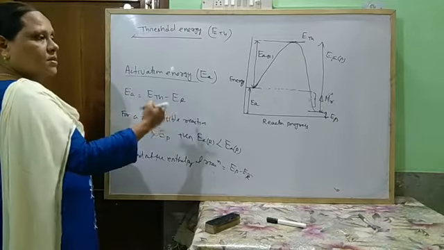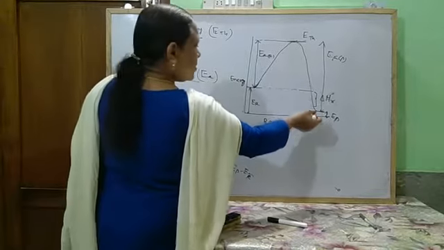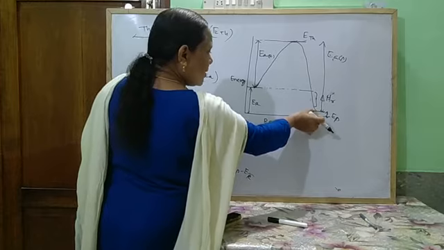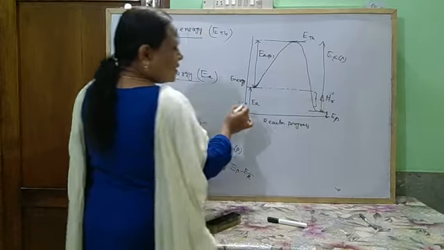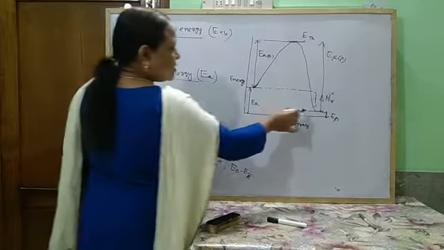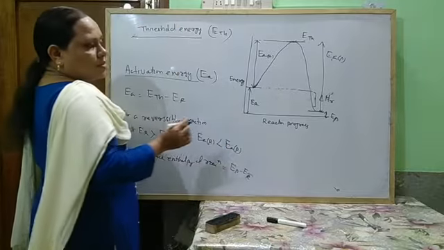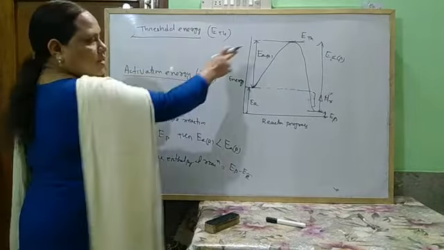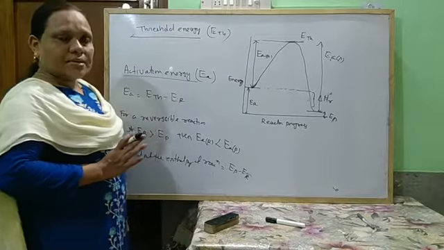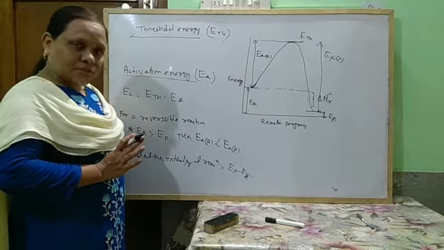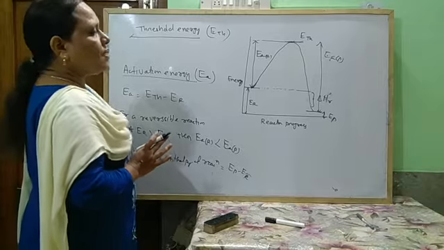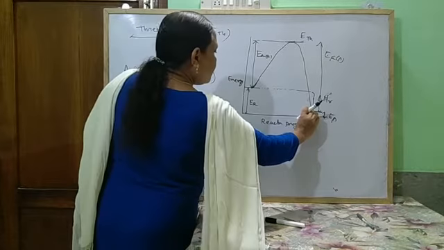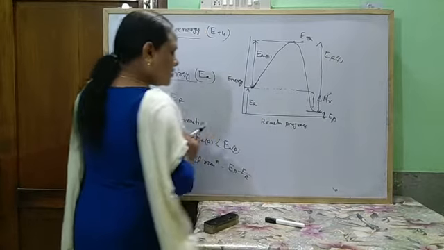Here you get a negative value, because in this diagram the energy of product is less than the energy of reactant. This is an exothermic reaction. This diagram is the energy level diagram of an exothermic reaction.